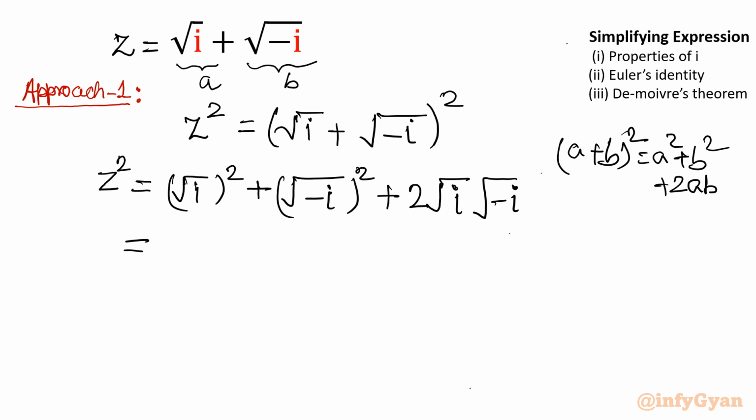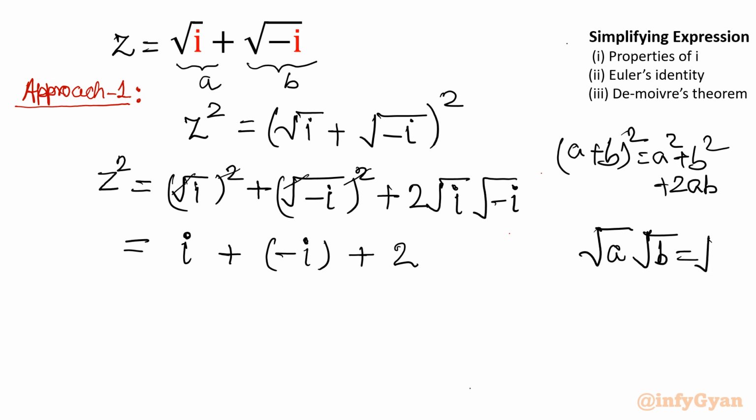Now the square root and square terms will get cancelled out. So it will come out i plus minus i plus 2. Now by the property that square root a times square root b can be written as square root of ab, for square root i and square root of minus i, I will put one square root and multiply i and minus i inside.